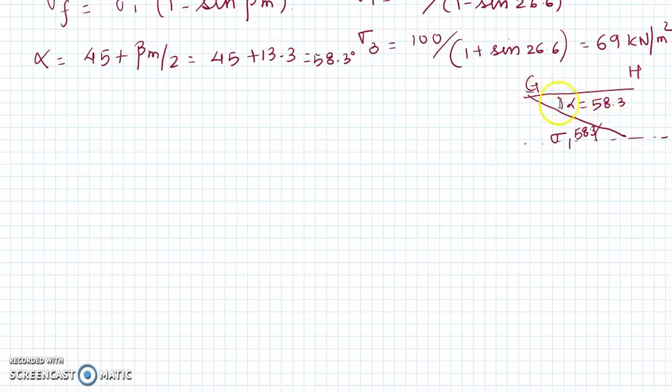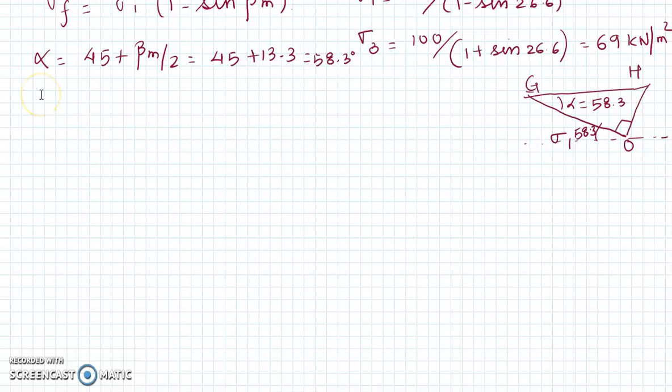This alpha makes with sigma 1. So by logic, by geometry, if this is horizontal and this plane is making 58.3 with the horizontal, correct?